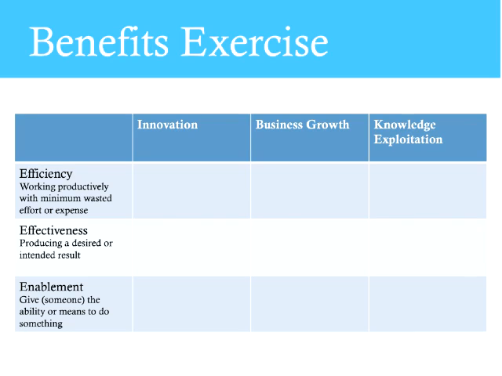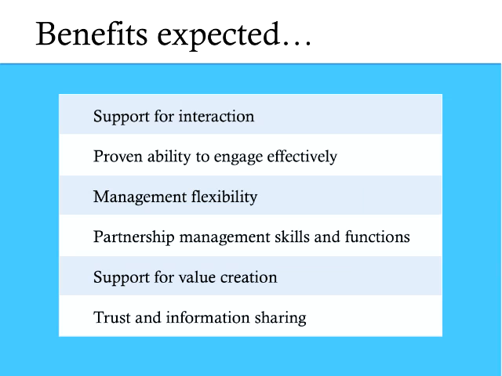I'll move on to highlight some of the expected benefits that we expected to see from a program perspective. These items on the main screen were written as part of the call, so these are areas where we expected benefits to come to fruition within and across your projects. We've got support for interaction, by which we mean with external parties, including the processes, rewards and incentives for external engagement activities within your institution.